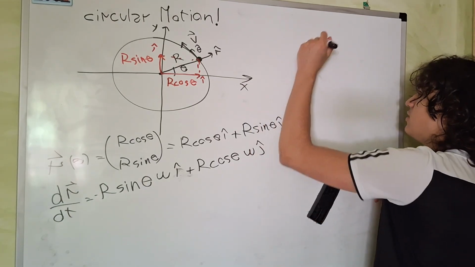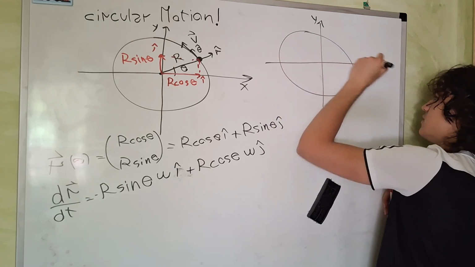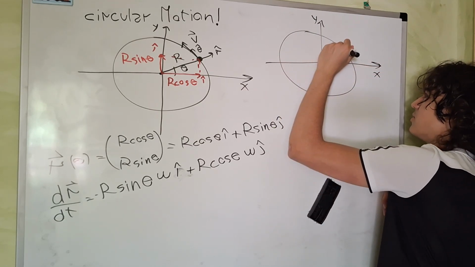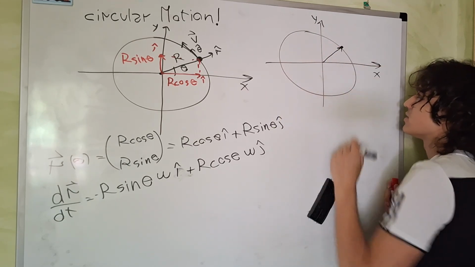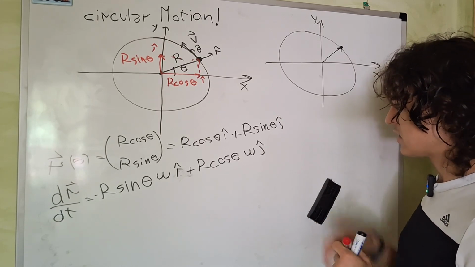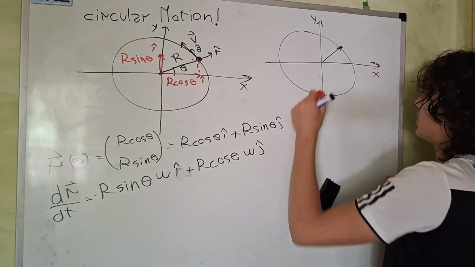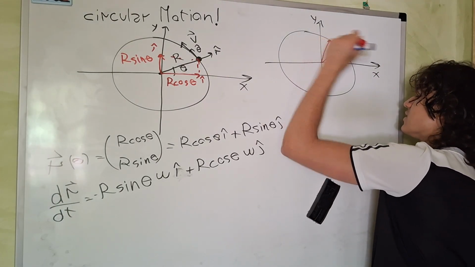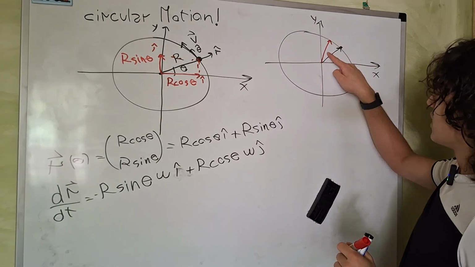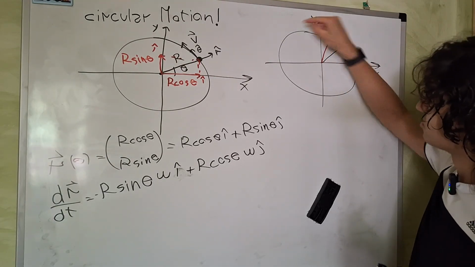So let me draw a new circle here: the y-axis, the x-axis, our position vector, our point particle. Now, let's think about it in this way, and then we're also going to use this equation here. At a slightly later time, we have this new position vector because the point particle is moving in this way.